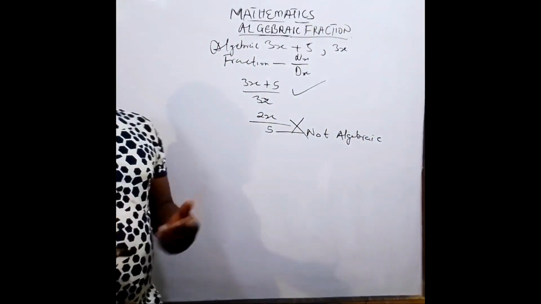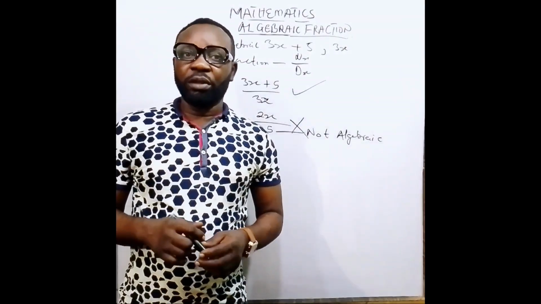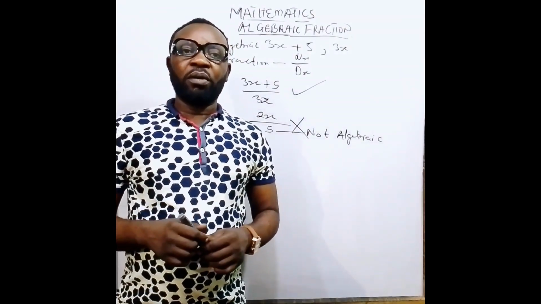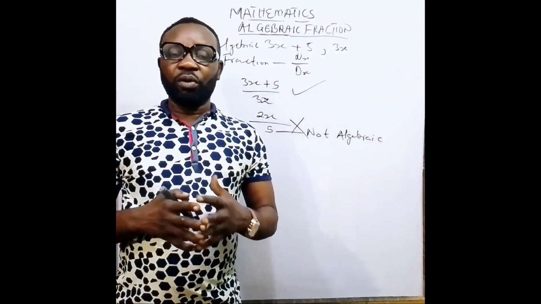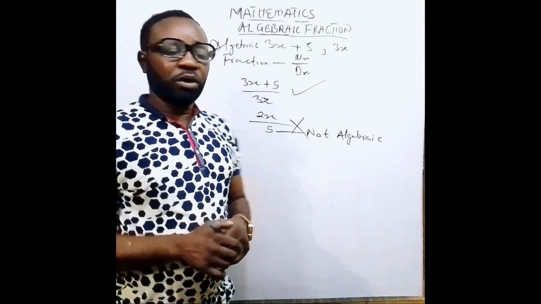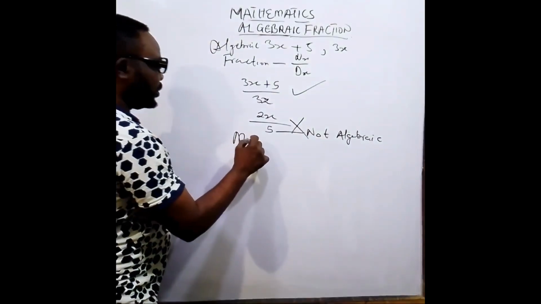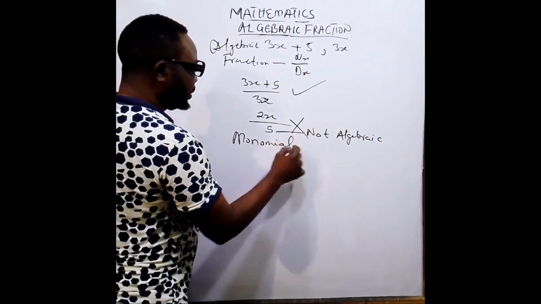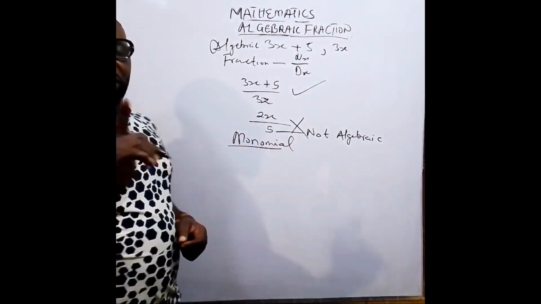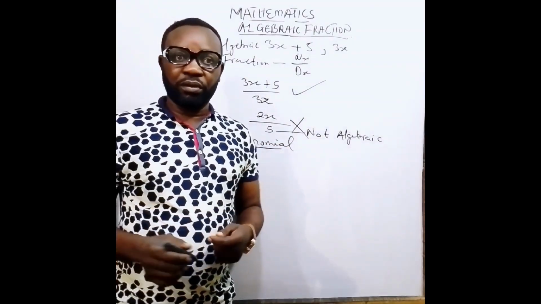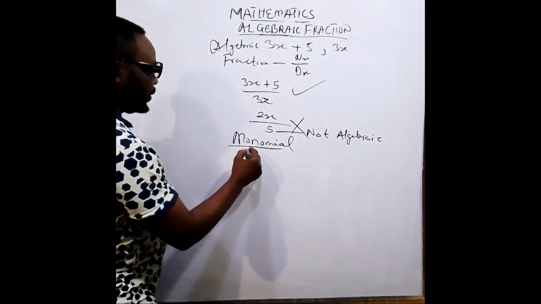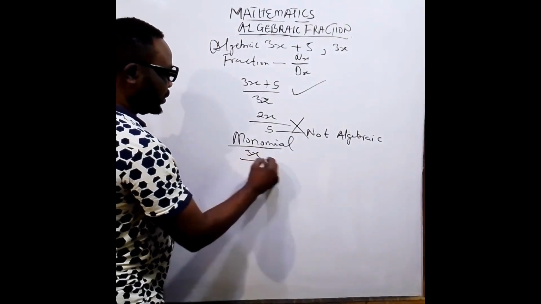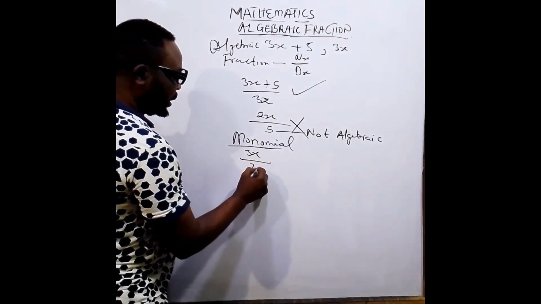Now, let's look at the types of algebraic fraction we have. We have one we call the monomial fraction. The monomial fraction is a form of algebraic fraction that has only one term at the denominator. For instance, we can have a value like 3x over 7x.